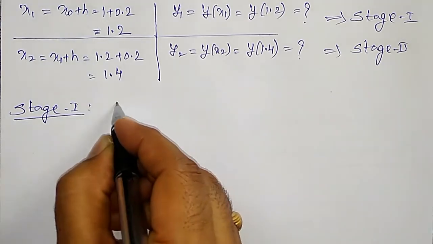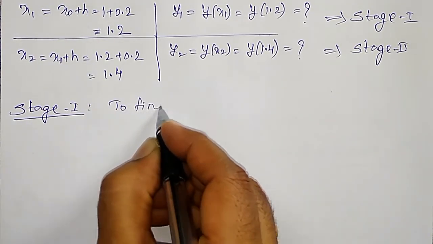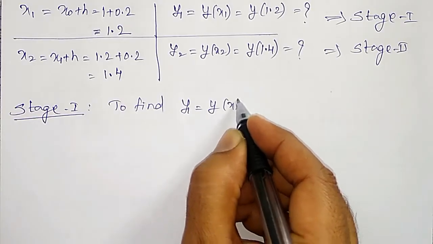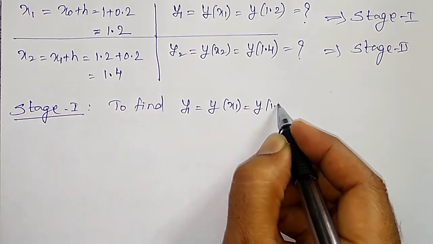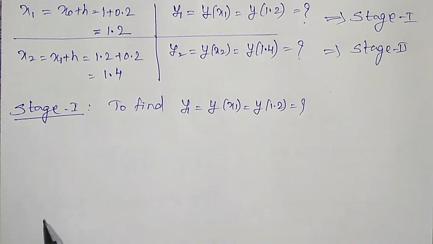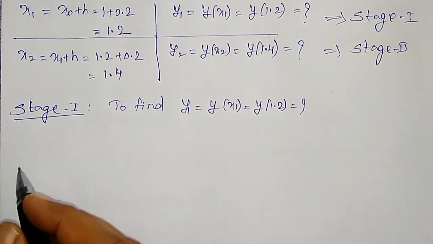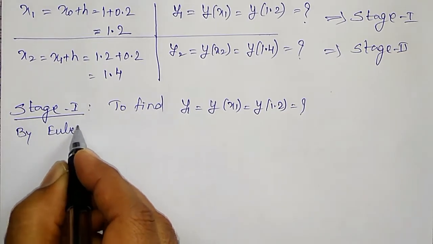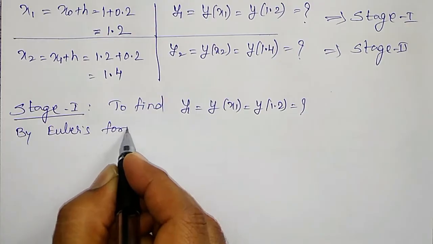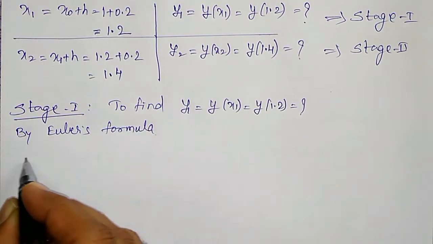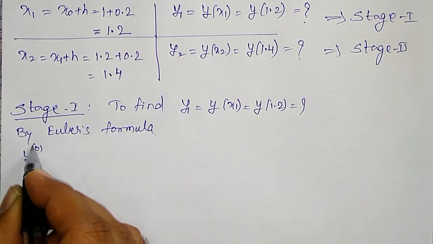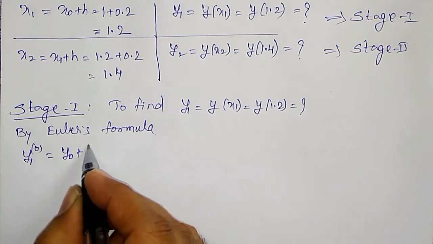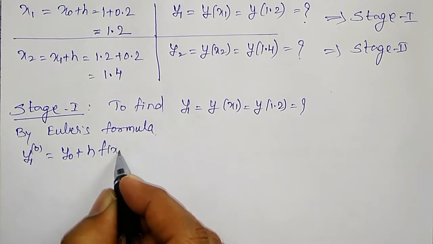To find y1, that is y of x1, that is y of 1.2, I have to calculate in this stage. To do that, by Euler's formula first, y1 zeroth approximation is given by y0 plus h into f of x0, y0.